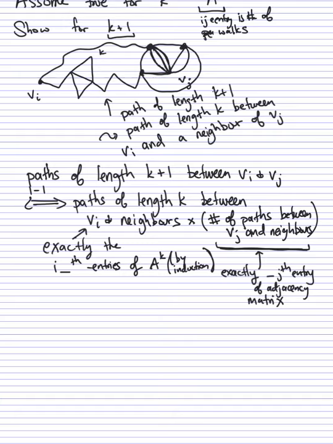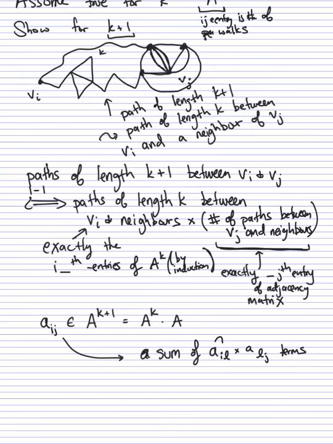Okay, and now how do we get the ijth entry of the matrix A to the k plus 1, which is equal to A to the k times A? Well, the way that you derive this is you take the sum of the A_il times A_lj terms.